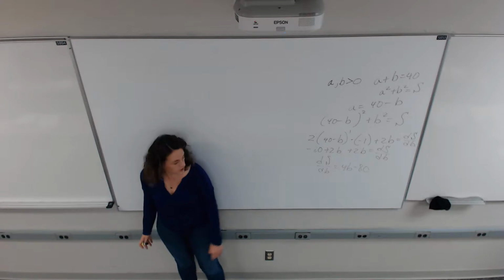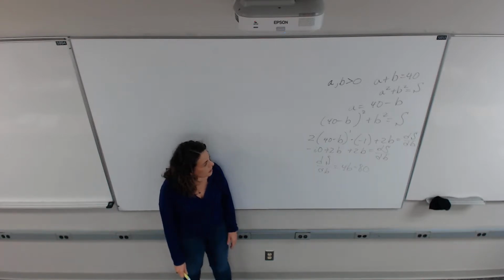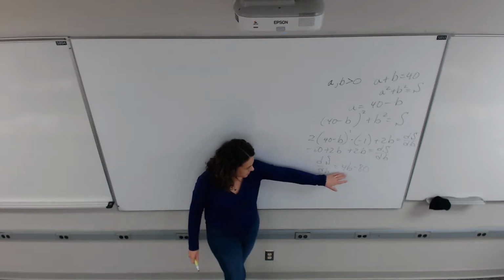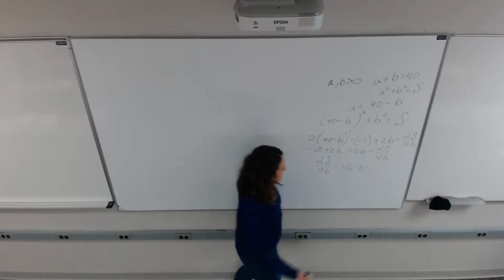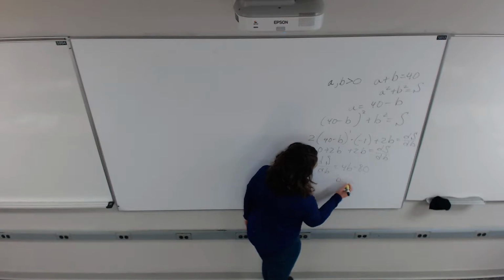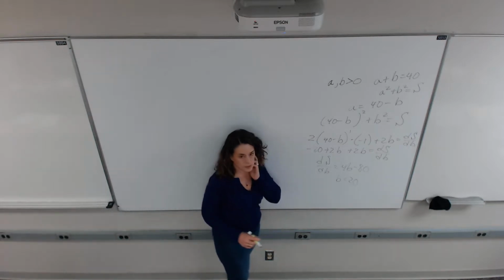Critical values, either the derivative is not defined, it's defined everywhere over the domain. So the second one is when does it equal 0? Well, when does that equal 0? B is 20, just 20.